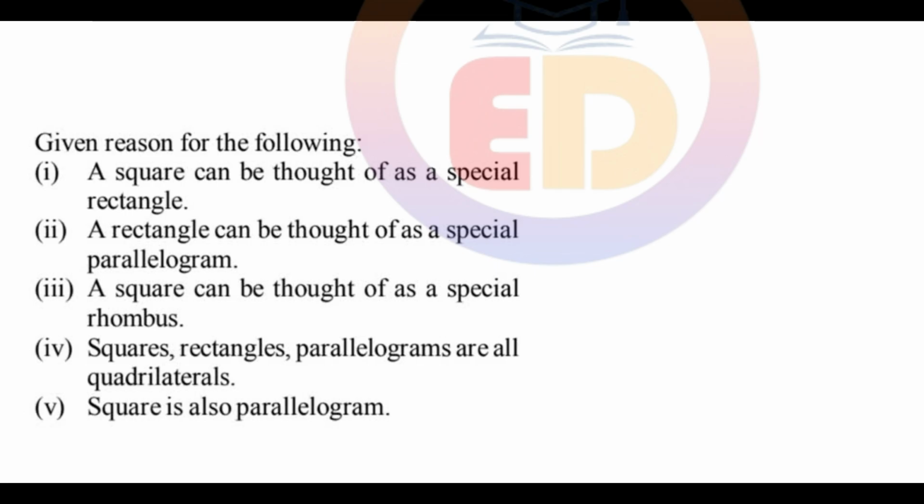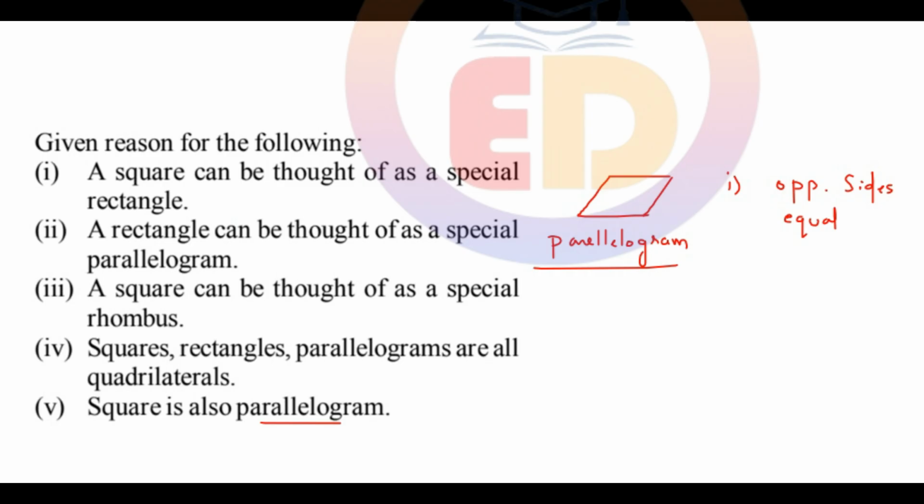The 5th sentence: square is also a parallelogram. The basic property of being a parallelogram is opposite sides equal, opposite sides parallel.